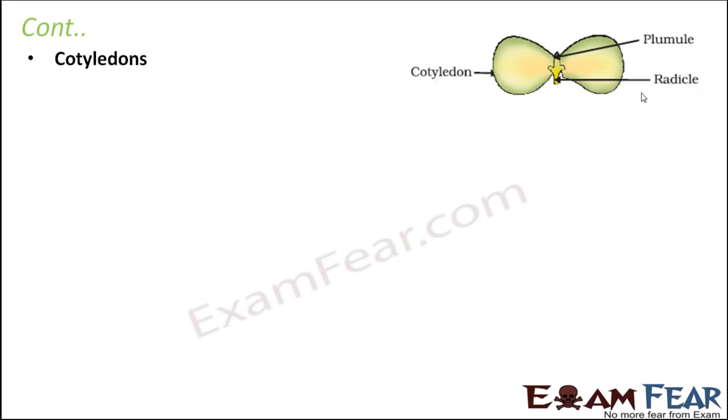Other than that, the next important part is cotyledon. So that was externally. Externally you can see the seed coat, the hilum, and the micropyle. Inside that you see the embryo, and the embryo is made up of cotyledons, radicle and plumule. So what is cotyledon? They are nothing but the seed leaves. They are used for food storage because the embryo needs food.